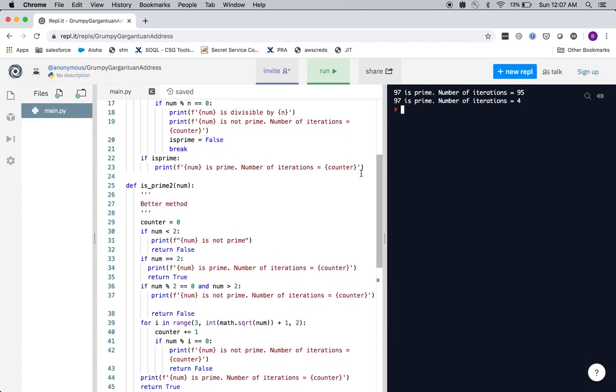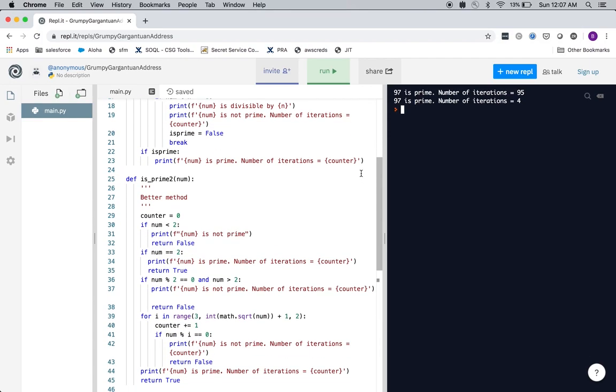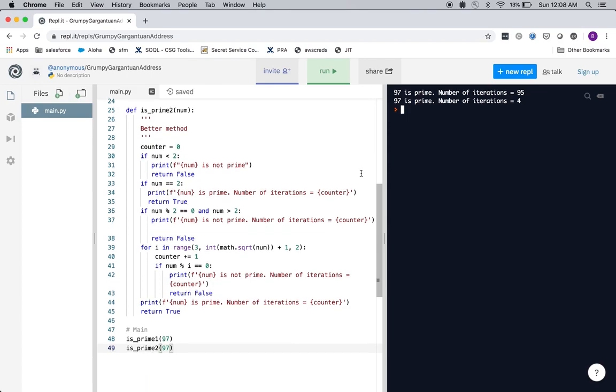You can only check till the square root of that number. And also eliminate the even numbers, because an even number always has 1, that number, and also 2 as factors, right? So basically it fails the prime number rule, right? So just remember all these things, and you should be good.